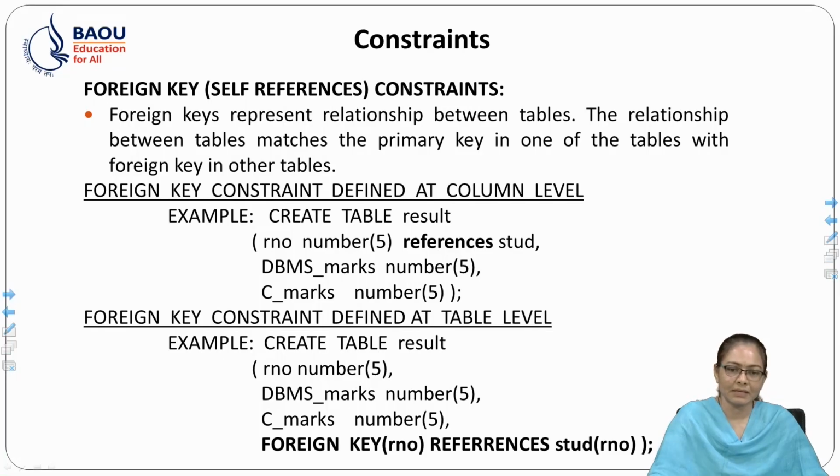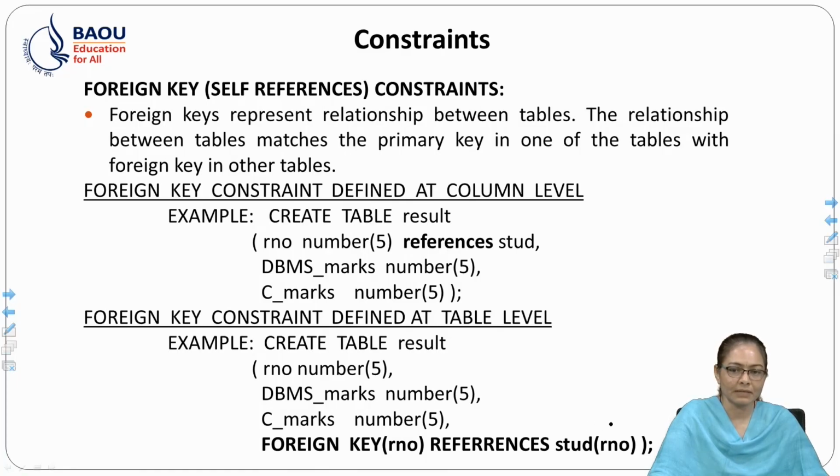See here how to define the foreign key at the table level. First see foreign key in the bracket roll number, then references student table, then in the bracket roll number. It means it takes the references from the student table.